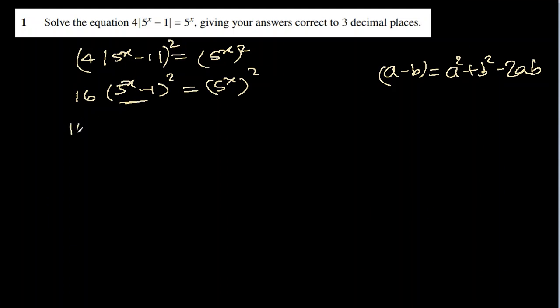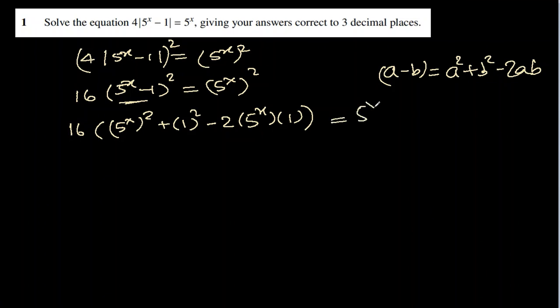So 16 remains 16, and we get here (5 to the power x) square, which is a square, plus b square minus 2ab, and equal to (5 to the power x) square. So let's open the bracket by multiplying everyone by 16.